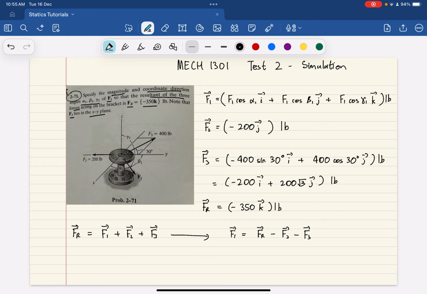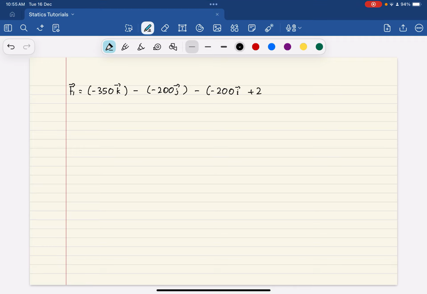Plus 200 i plus 200 root 3 j. If we take out the respective components in terms of i, followed by j components and last but not the least k components, let's sort it out. F1 should be 200 i, and in terms of j, plus 200 j minus 200 root 3 j, minus 350 k.